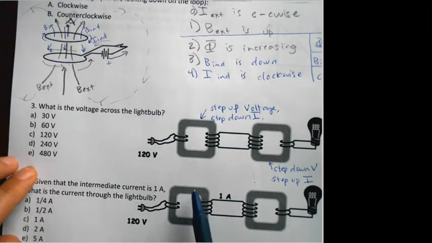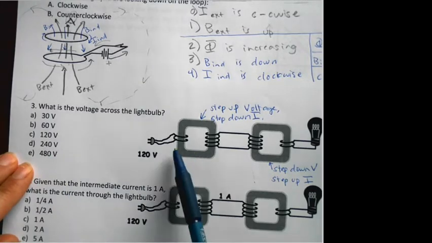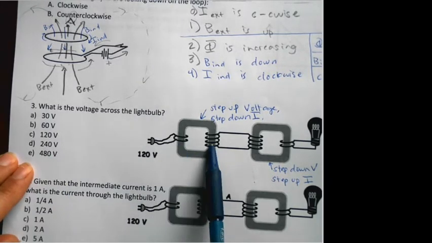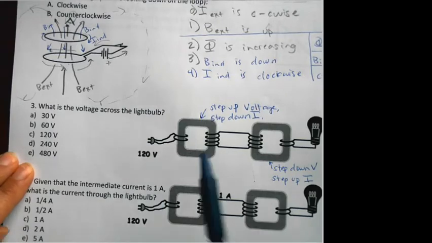For a step up in voltage, we can use equations, but it's just as easy to say that if it doubles the number of loops, it doubles the voltage. There's 120 volts here, and we double the number of loops, so we double the voltage.